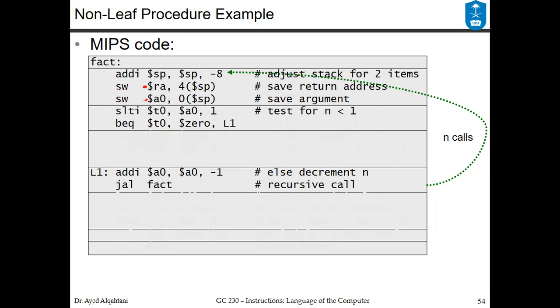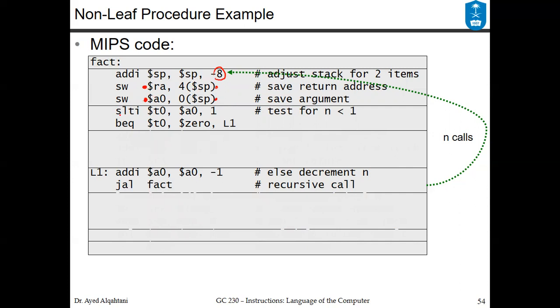So you must, from the beginning, before you know anything about the procedure, push the RA and the A0 in the stack. Now, since we are pushing two values, we need to drop the stack pointer by 8 bytes, 4 bytes for the first one and 4 bytes for the second one.